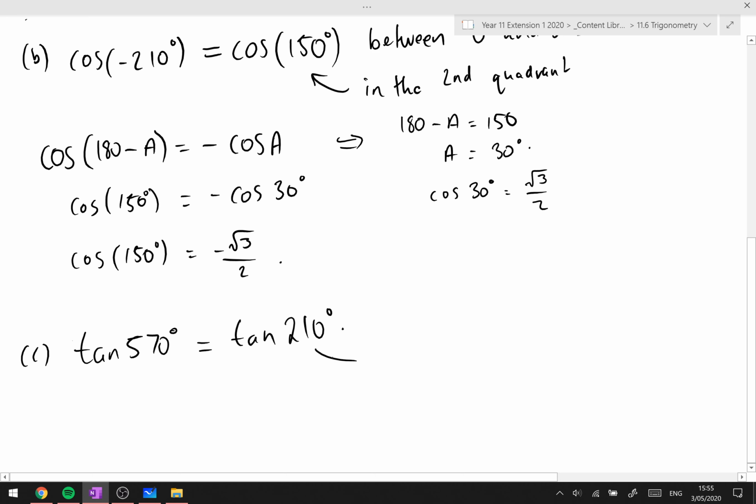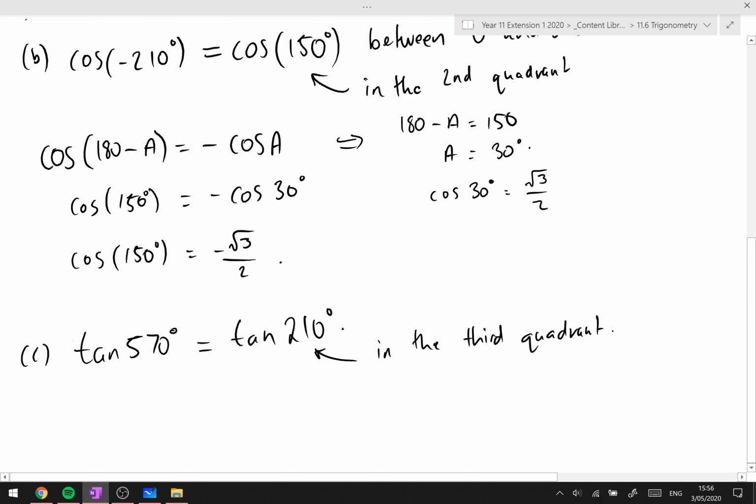Tan of 210 degrees, well, whereabouts is that? 210 degrees is between 180 and 270, so this is in the third quadrant.